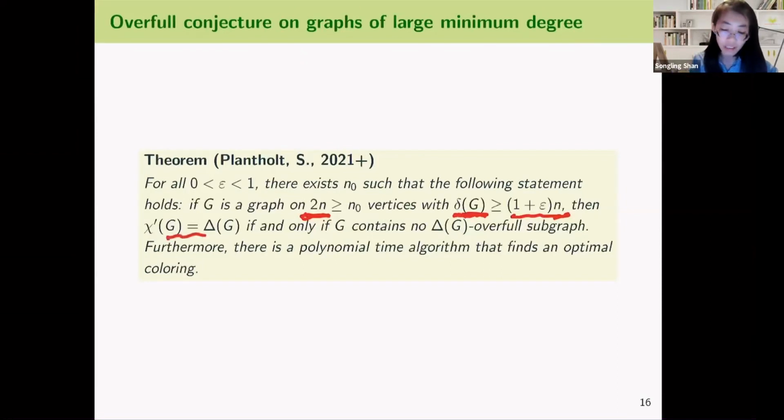Then G is class 1 if and only if it contains no delta G overfull subgraph.